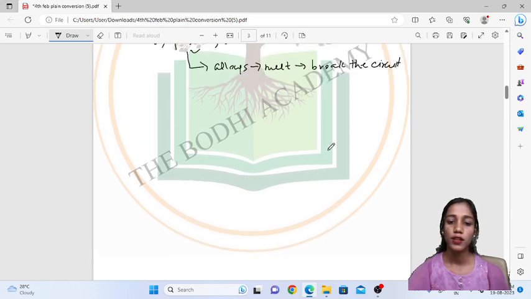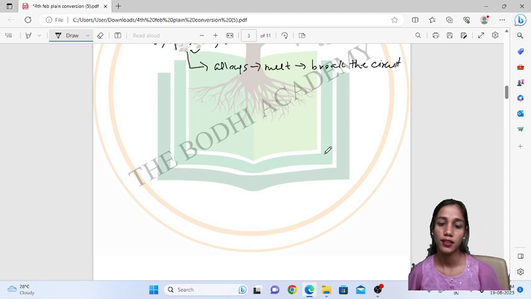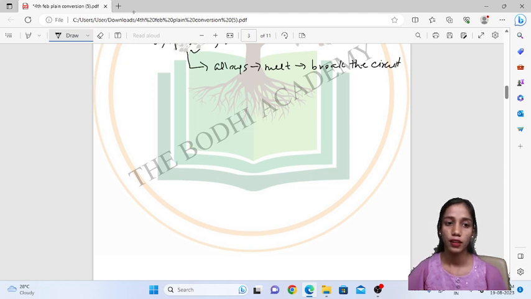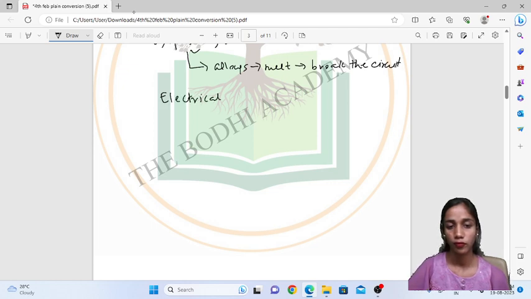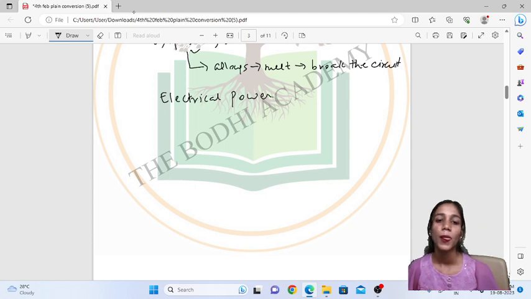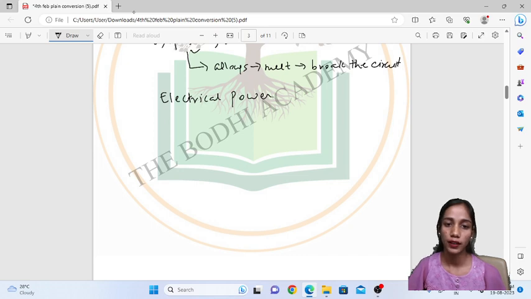The last concept which we will be covering in this lesson is electrical power. We have seen that power is how much work is done in a particular time.